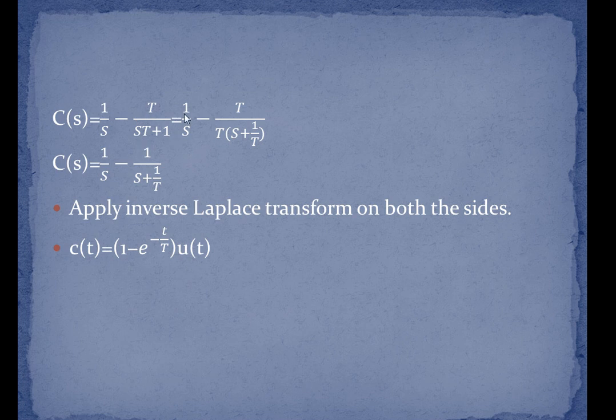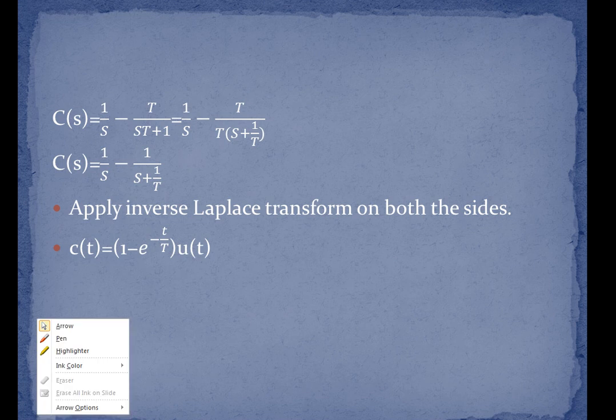This is also written as 1 by s minus tau by tau into (s plus 1 by tau), taking tau as common in the denominator. These tau and this tau get cancelled. Now apply the inverse Laplace transform. Inverse Laplace transform of 1 by s is 1.